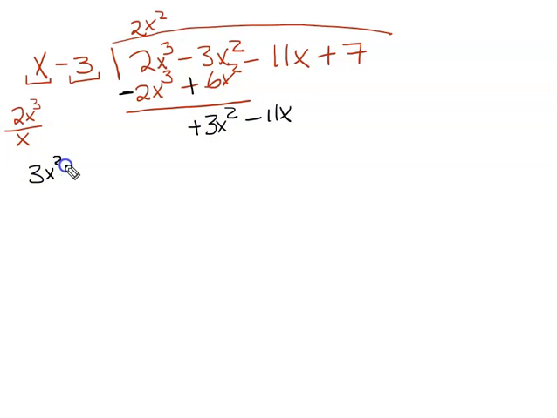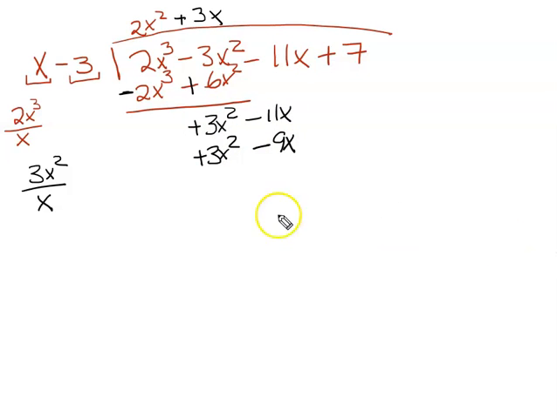3x squared divided by x will give us a positive 3x. So now when we multiply this term by this, we get a positive 3x squared. And a negative 3 times this is a negative 9x, keeping our terms in like term columns.